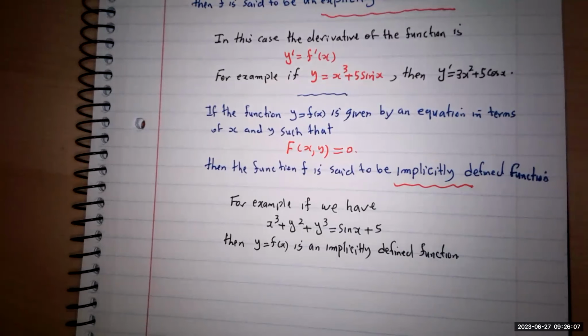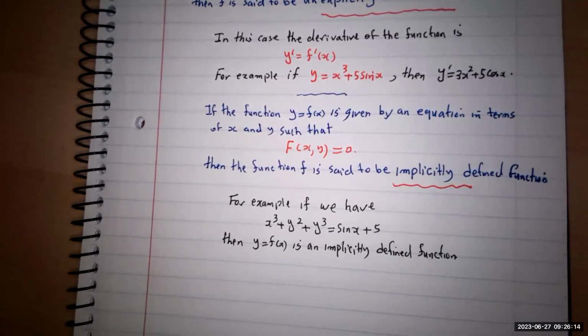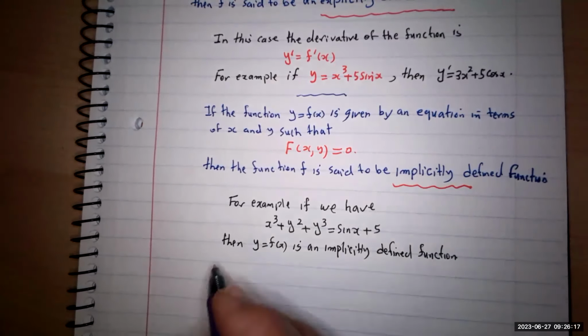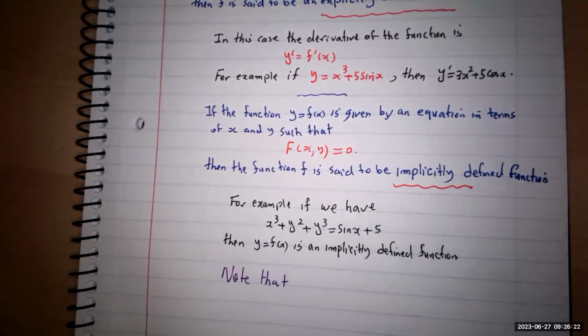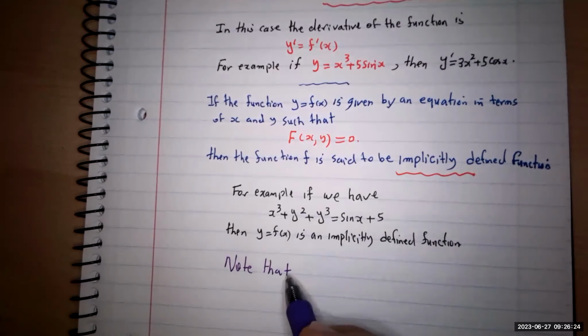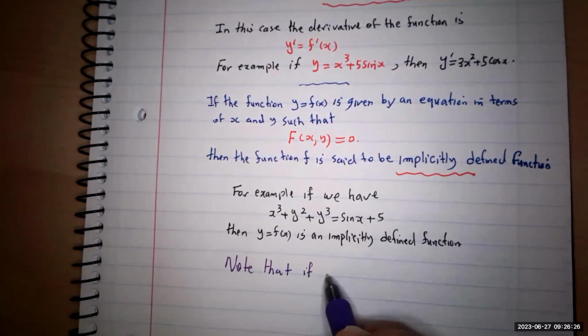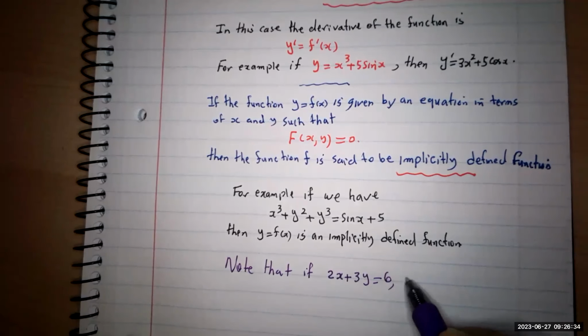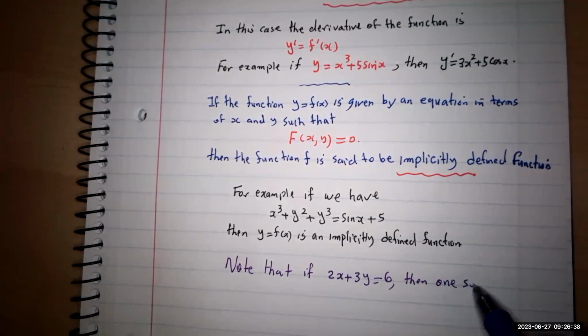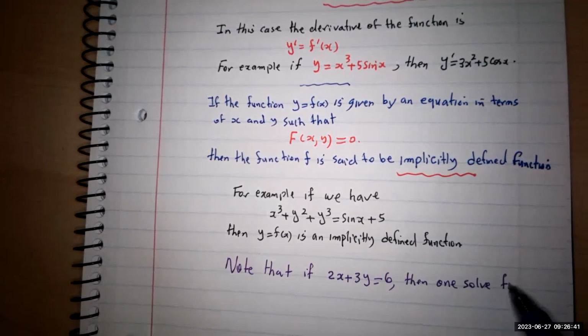But sometimes, like in algebra, the equation is easy. For example, if you have something like 2x plus 3y equal to 6, then one can solve for y.